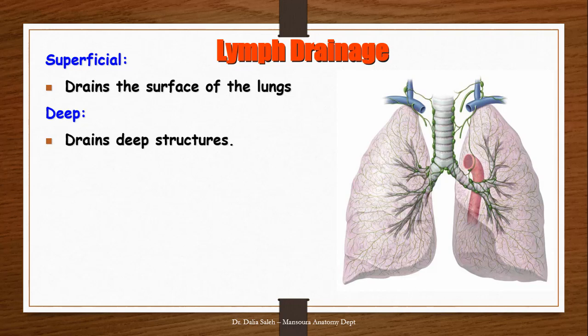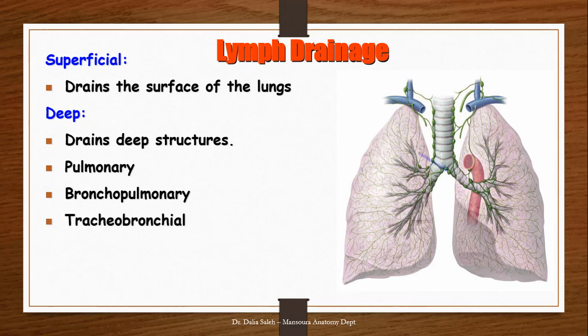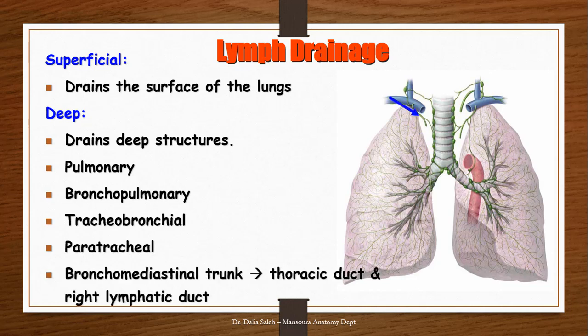They first drain into the pulmonary lymph nodes, then the bronchopulmonary nodes, and then the tracheobronchial nodes, the paratracheal nodes, and lymphatics from the paratracheal nodes will collect into the bronchomediastinal trunk that empties into the thoracic duct at the left side or the right lymphatic duct on the right side.